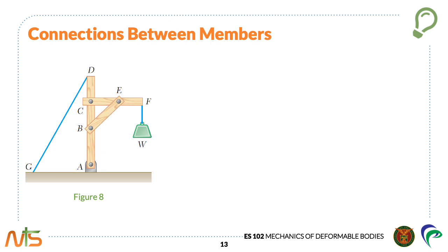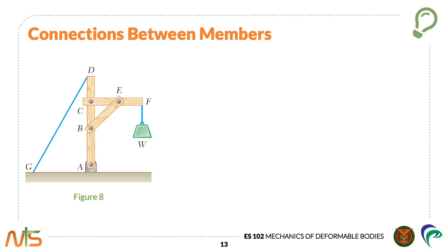Consider, for example, the crane shown in Figure 8, which carries a load W. The crane consists of 3 beams AD, CF, and BE connected by frictionless pins. It is supported by a pin at A and by a cable DG.